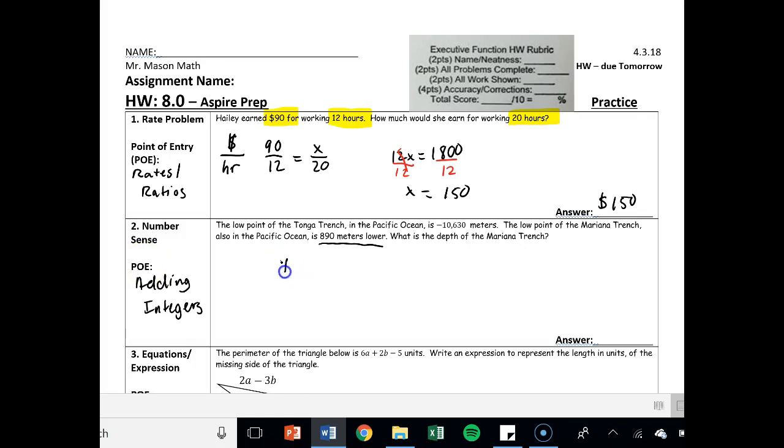So we got the Tonga Trench, which was negative 10,630, and then plus the Mariana Trench is going to be plus a negative 890, because it's that much further down. That gets you negative 11,520 meters as your answer.